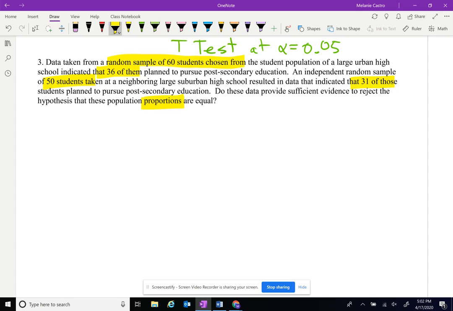Okay. So name the procedure. All right. Hopefully you said proportions. So the parameter that we're going to look at should be P. And you have 2 different proportions or 2 different samples going on here. So you can use 1s and 2s. I get confused when I do that. So I'm going to use urban and suburban.